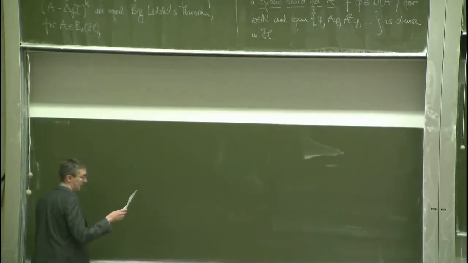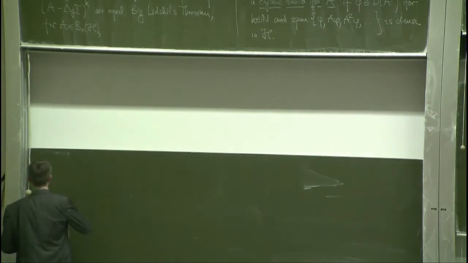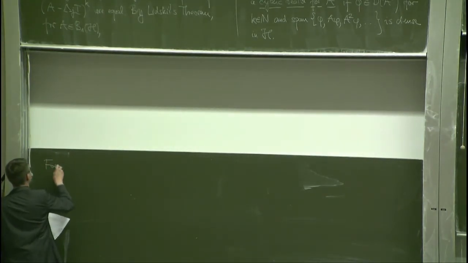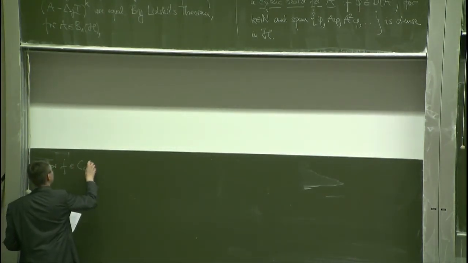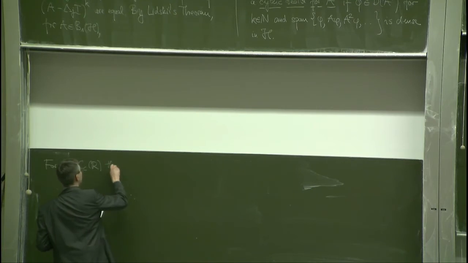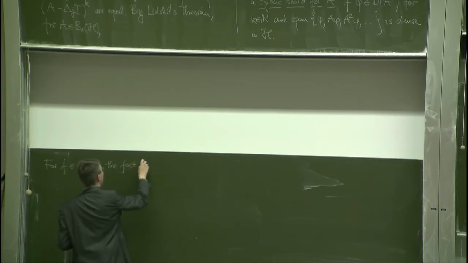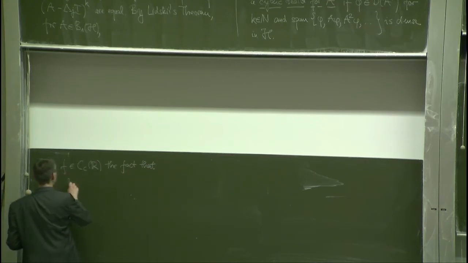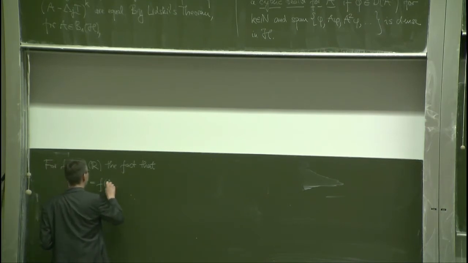Finally, for f in C_c(R), recall the definition: U^{-1} applied to f is equal to f(A_phi).